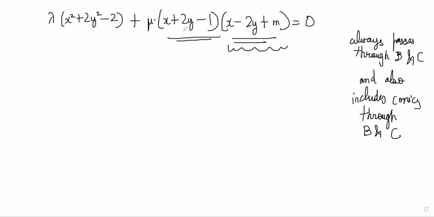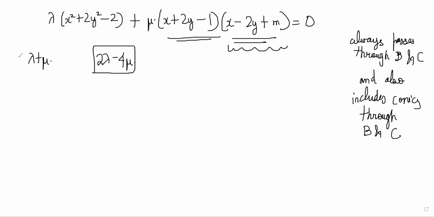This general equation, if you see, is such that the coefficients of x square and y square can turn out to be the same. The coefficient of x square is lambda plus mu, and the coefficient of y square is 2 lambda minus 4 mu.